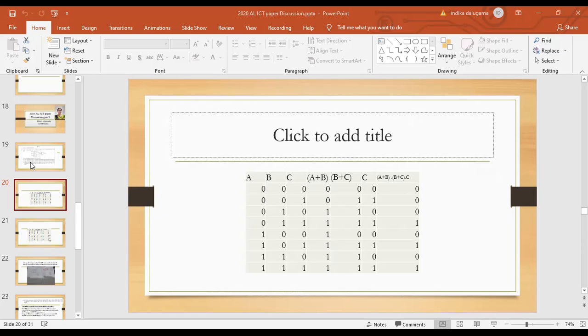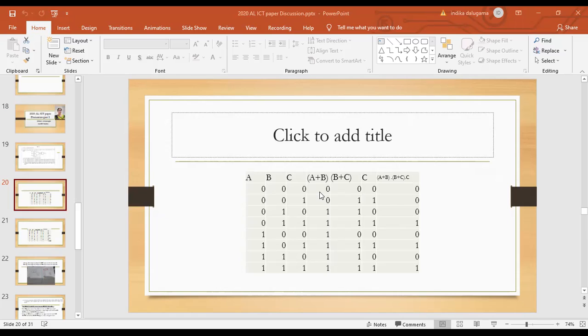When you have to draw the truth table, as there are three inputs, there are 8 incidents: 000, 001, 010, 011, 100, 101, 110, 111.